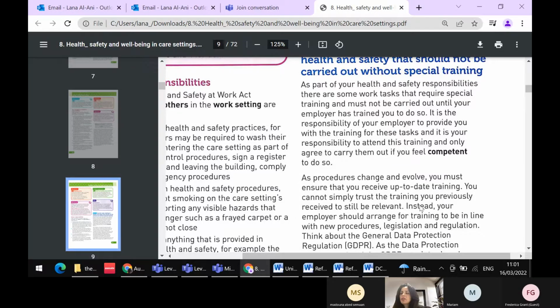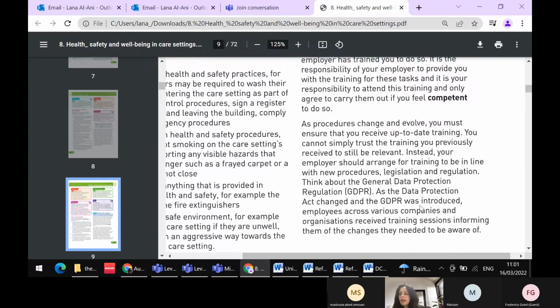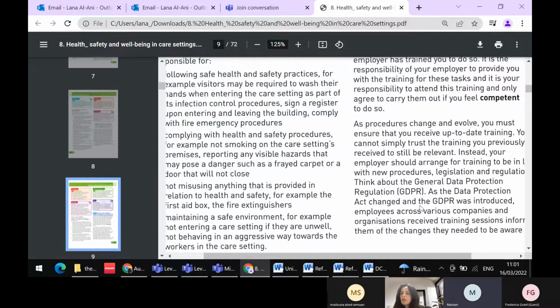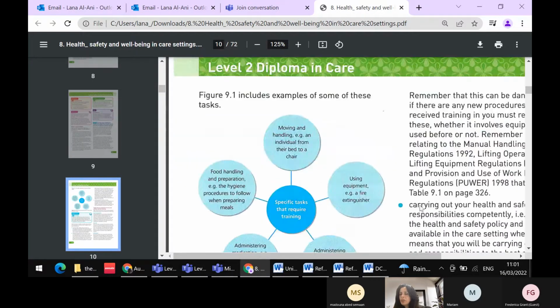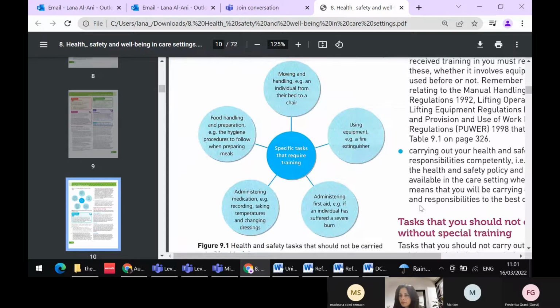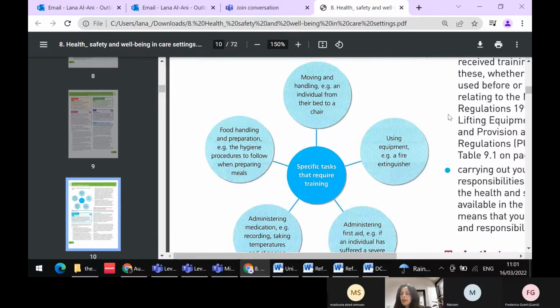Any other things you might think of that you need training to do? Talking about manual handling, do you still remember what manual handling was? It's moving people, yeah?